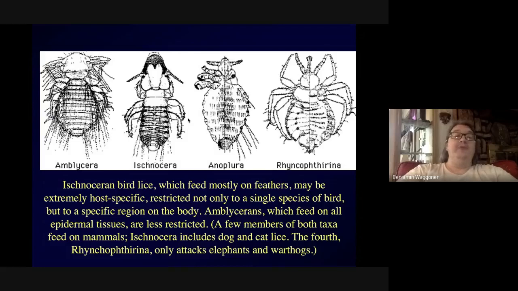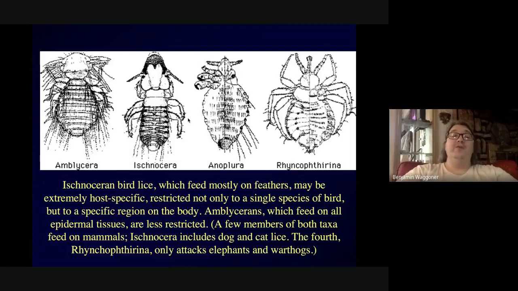There's a few members of both taxa that feed on mammals. Ischnocera includes one species on dogs and a species on cats, probably a few others on mammals that I didn't look up in advance. Amblycera can parasitize some South American mammals, but most Ischnocerans and Amblycerans feed on birds.